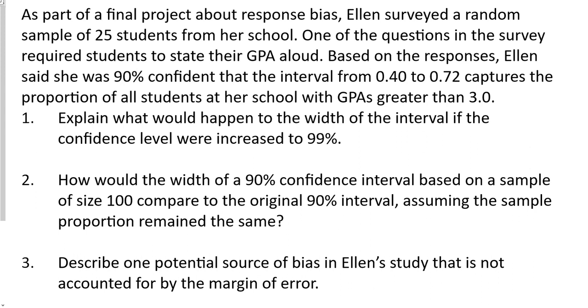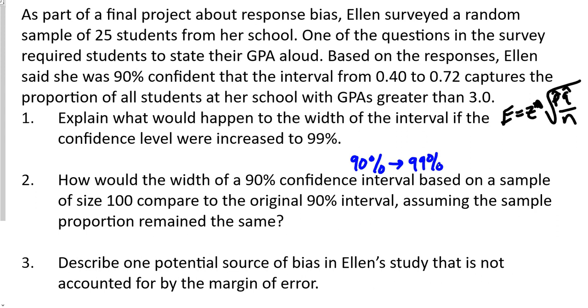So I'm just going to keep over here as a reminder, our standard error is the z star times the square root of p hat q hat divided by n. So remember that. Because now if you were to take your confidence level and go from 90% to 99%, what would happen?